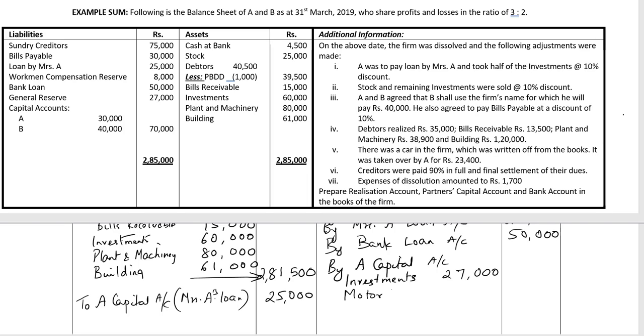The motor car is taken over by A as per the fifth point for ₹23,400. Total of the assets taken over by A, ₹50,400.